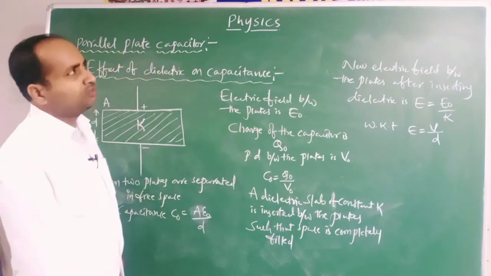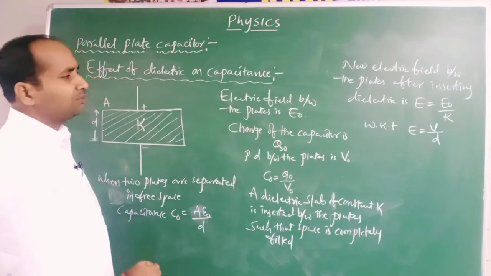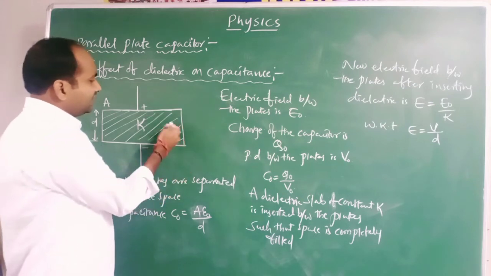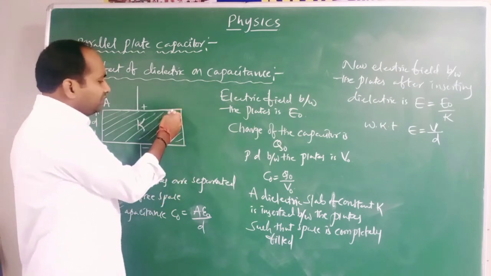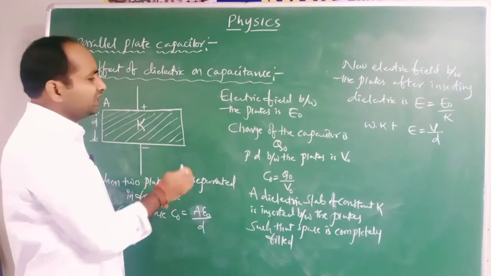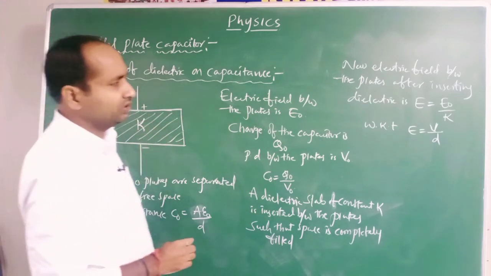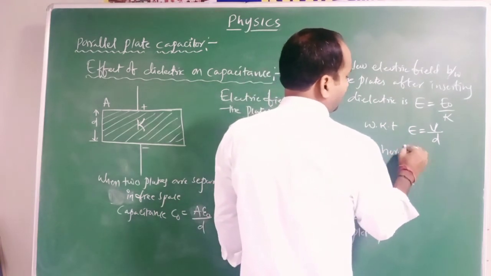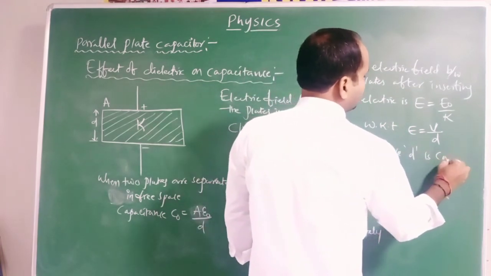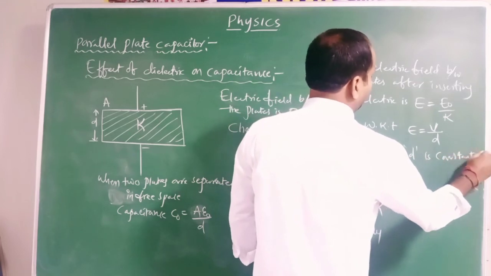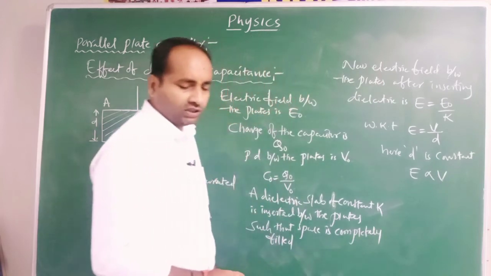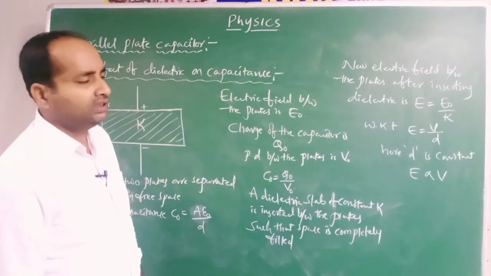The distance between the parallel plates of a capacitor cannot change. Since the space between the two plates is completely filled with dielectric, there is no change in the d value here. d is a constant, so we may write E proportional to V.